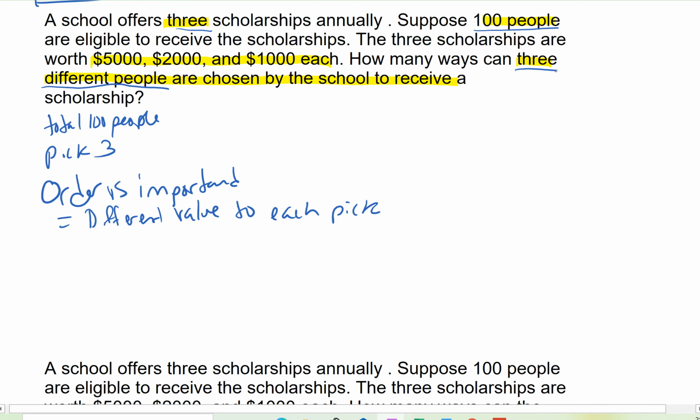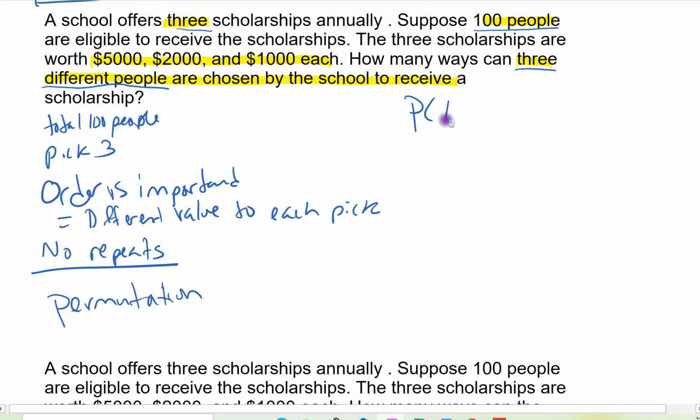And we're still giving it away to 3 different people, so we're still not allowed repeats. Alright, so no repeats, and order is important, which means it's a permutation. Out of 100 people, I'm going to select 3. So if you're typing that on your calculator, it's 100 permutation 3.